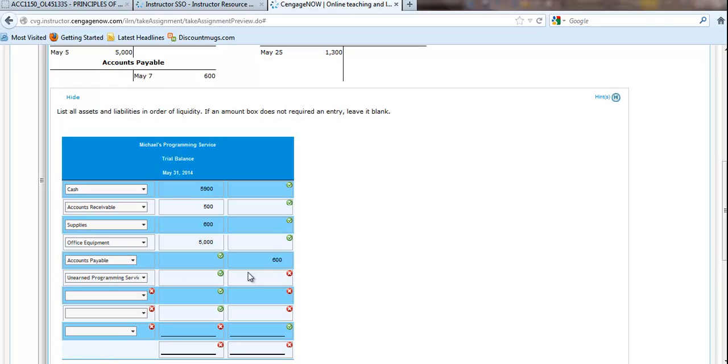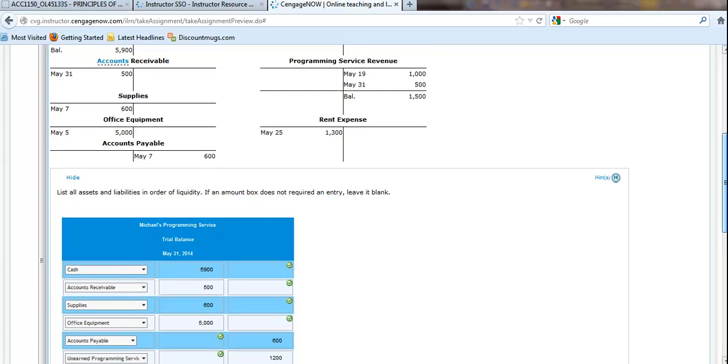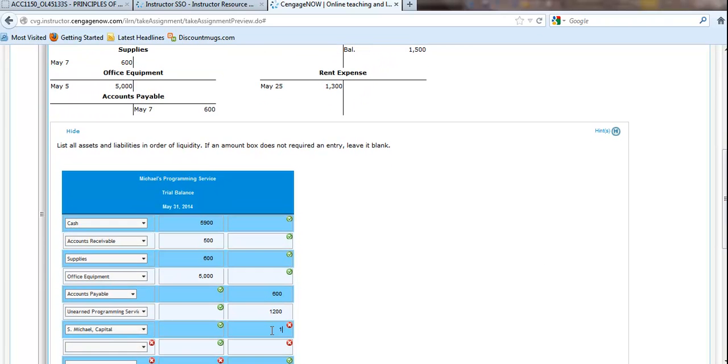Liabilities have a normal credit balance, so I'll list that on the credit side. After liabilities, I'll have my capital account. My capital is $10,000, and capital has a normal credit balance, so I'll put my $10,000 there.